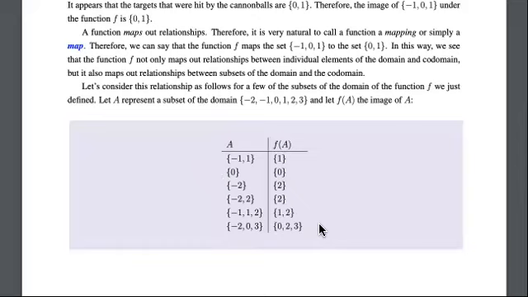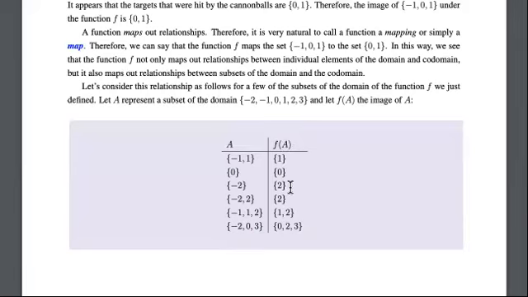Well, this is kind of interesting because really what we've done is we've created a new function based off of our old function where the domain is actually subsets of the domain. Let A be a subset of the domain. And see this notation, f of a set. We can put a set in and we can get a set out.